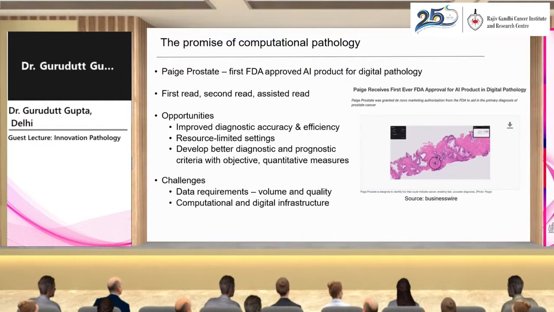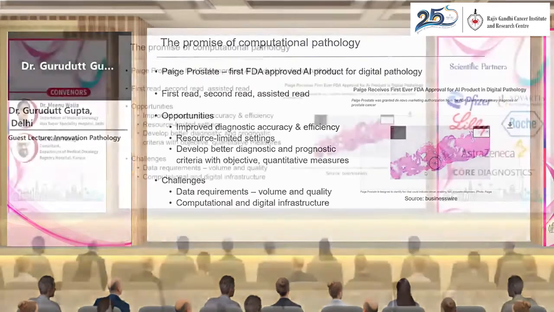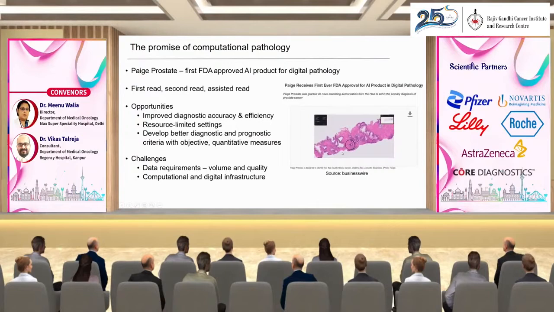It also leads to increased efficiency because it highlights the suspected areas. For example, if it is a very small area, it will be picked up by the AI system. So this is the advantage of computational pathology.